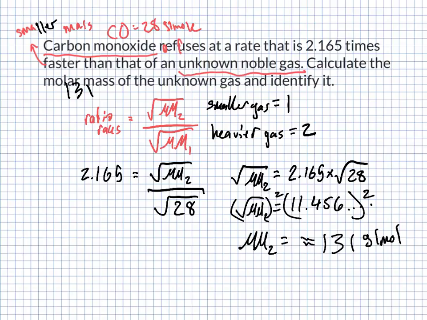Well, they tell me it's a noble gas, and noble gases are in group 18. So simply scan down the periodic table on the far right-hand side in group 18, look at all their molar masses, or their atomic masses, and see who matches up to 131. And what you would find is xenon. So the unknown gas is xenon.